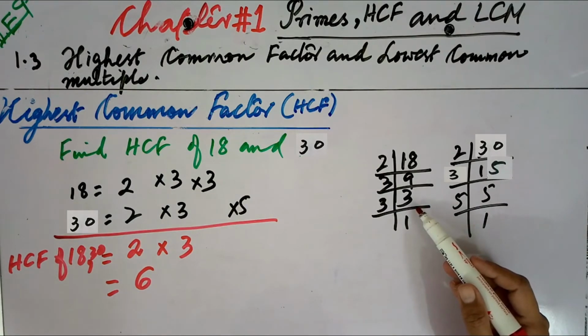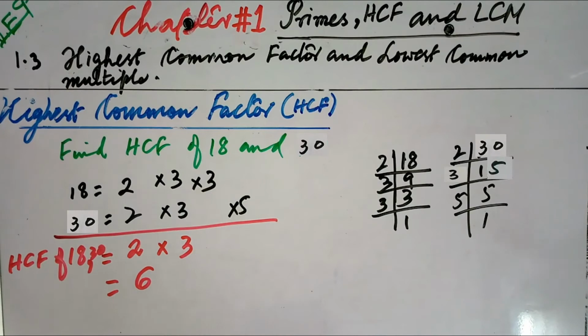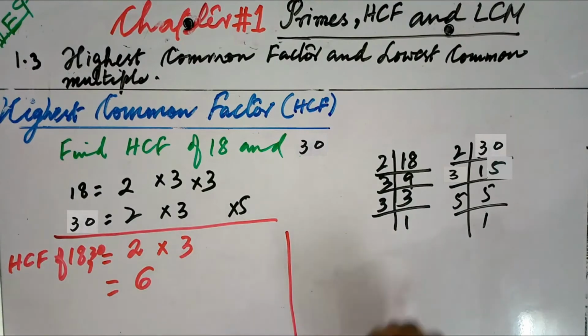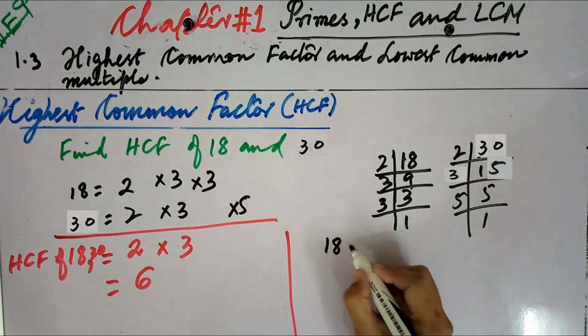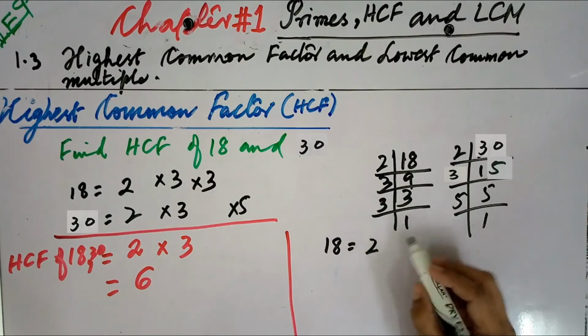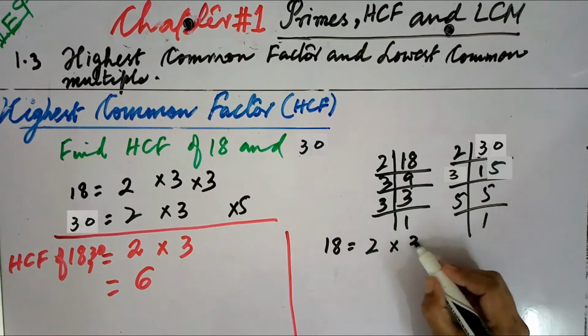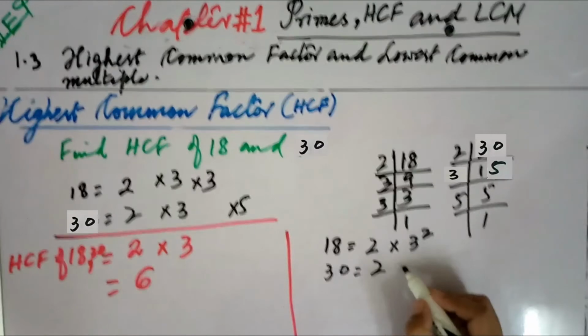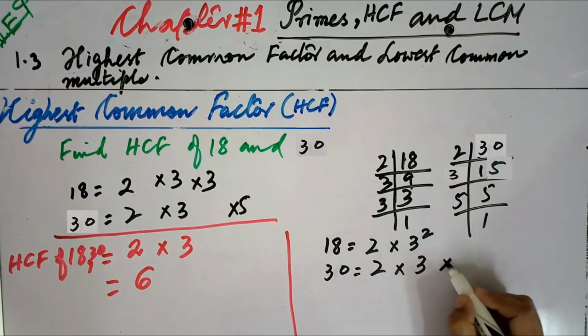Got it? Now you can find out this highest common factor this way also. How will you find out? 18 is equal to, we will write it in index notation, 2 multiplied by 3 square, and 30 is equal to 2 multiplied by 3 multiplied by 5.